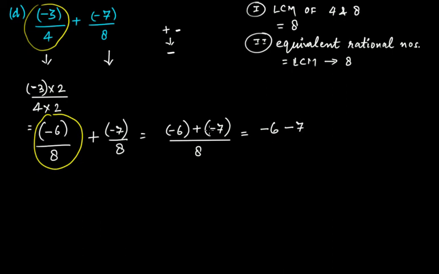You have to carefully notice what is within this bracket, whether plus or minus. Okay, so minus 6 minus 7 over 8, and this gives you minus 13 over 8. Okay, so this is minus 13 over 8, and this is the answer for this one.